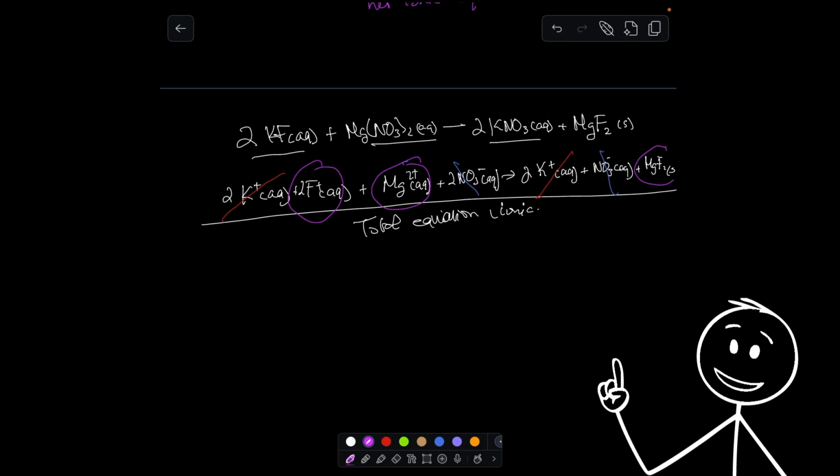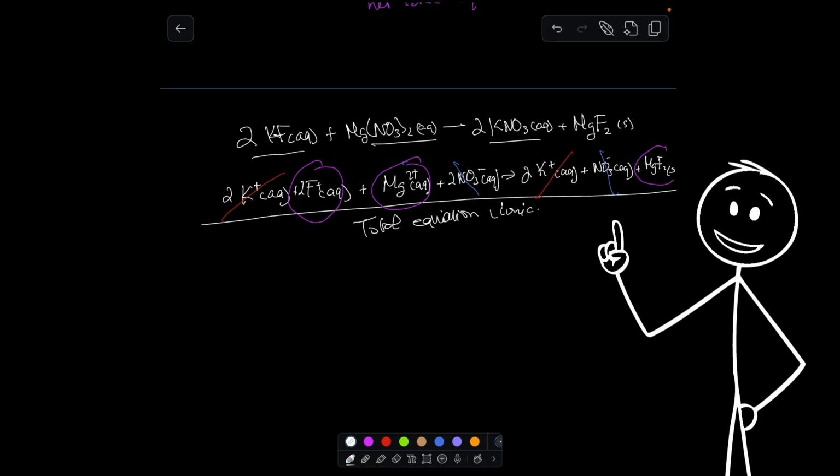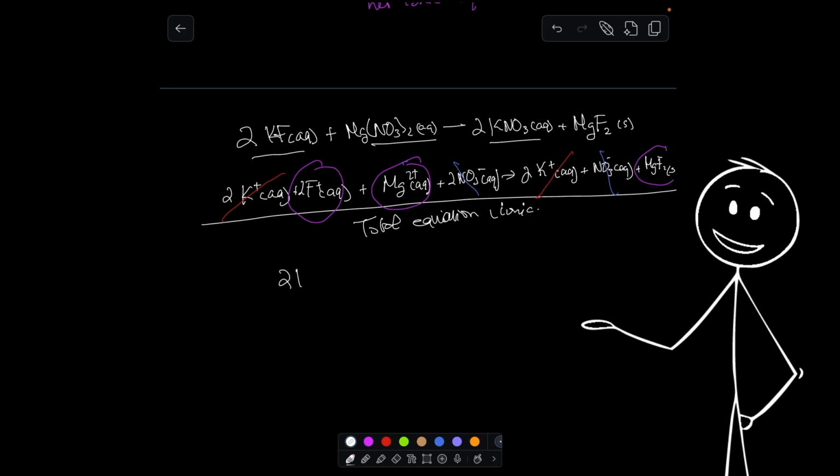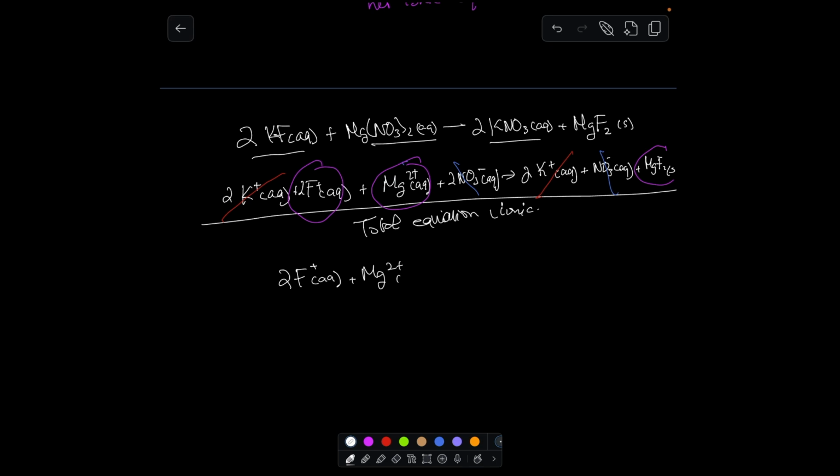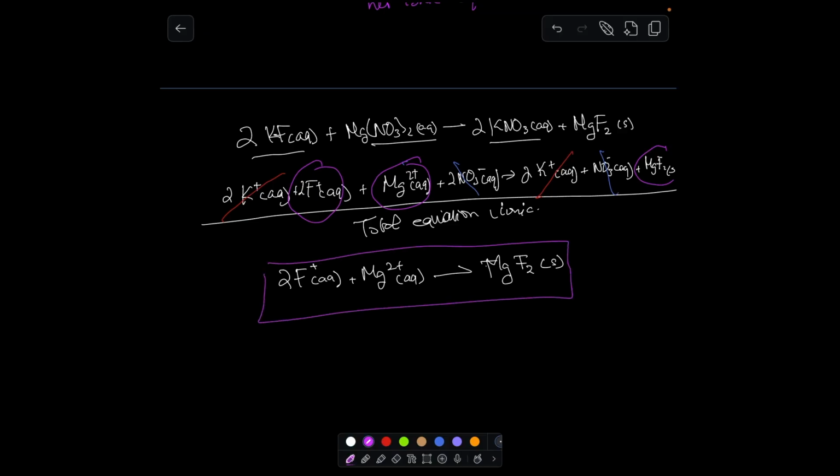Okay? So let's put this together. So now we have 2F minus aqueous plus Mg2 plus aqueous gives us MgF2 solid. And that, my friend, is my net ionic equation.